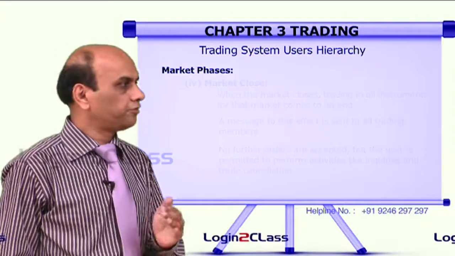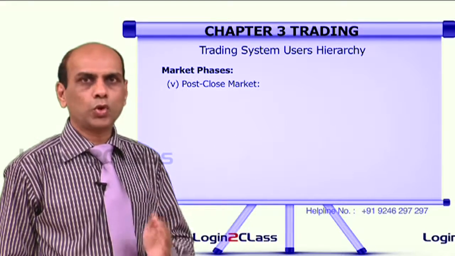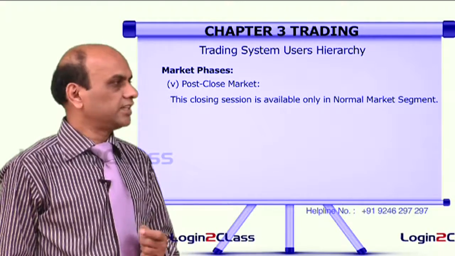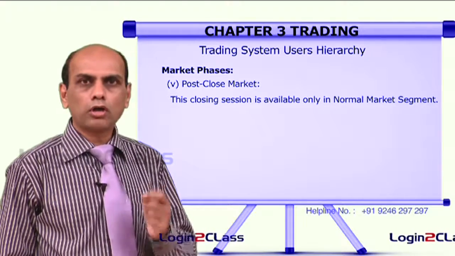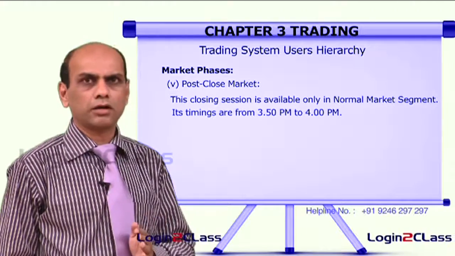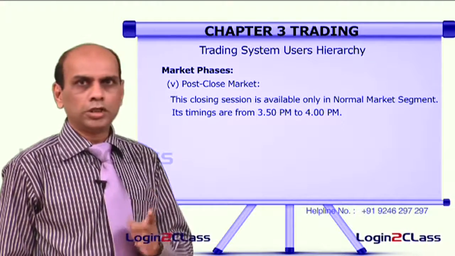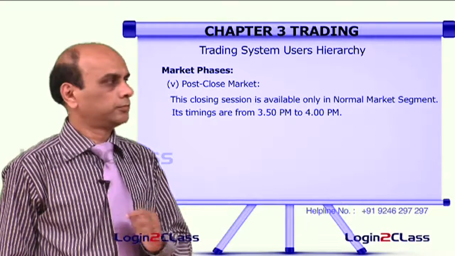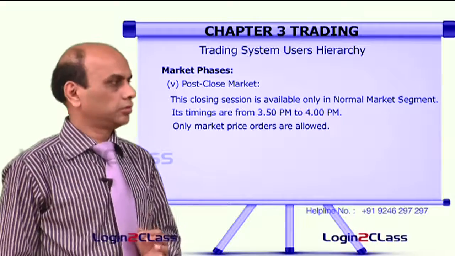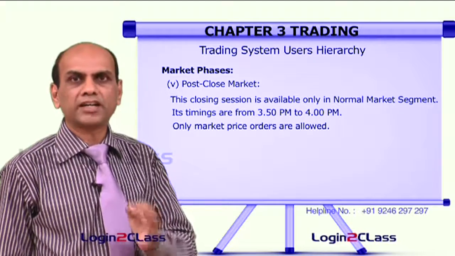Now, the fifth phase, that is the post close market. This closing session is available only in the normal market segment. Its timings are 3:50 p.m. to 4 p.m. Only market price orders are allowed in this post close market phase.